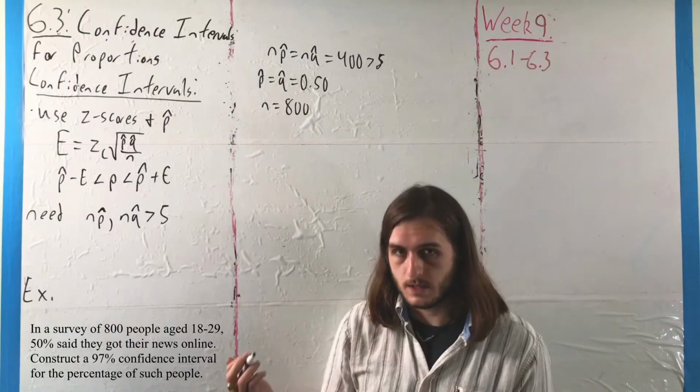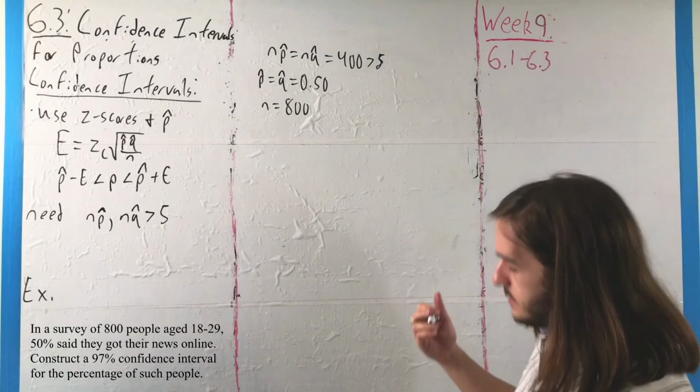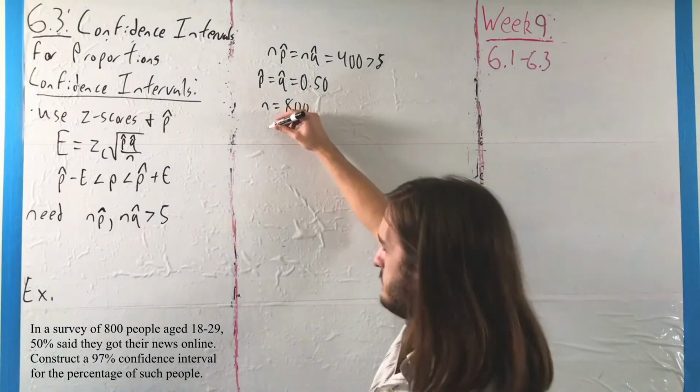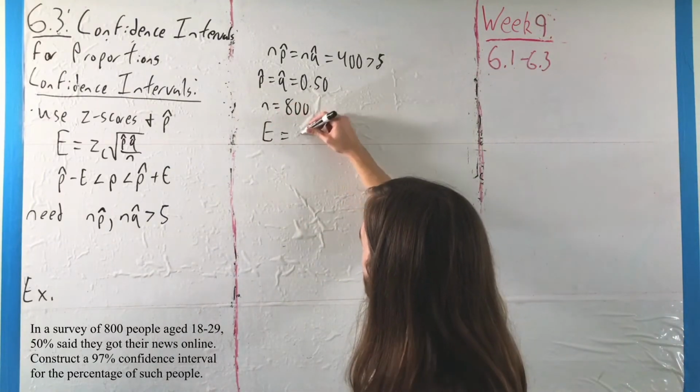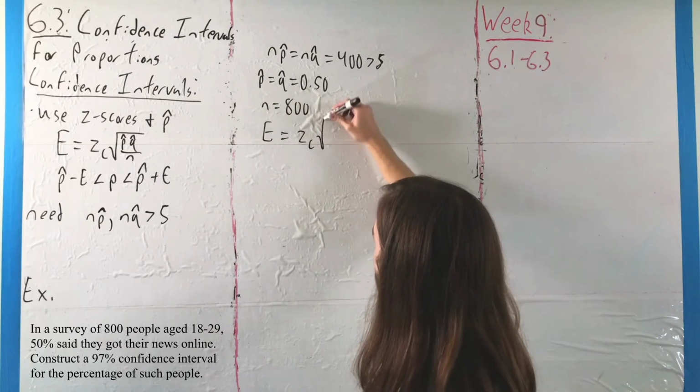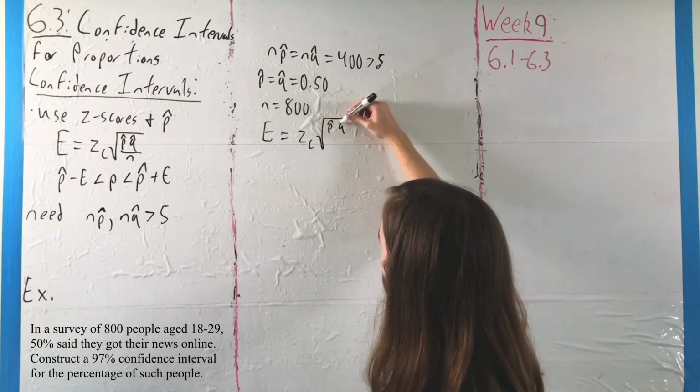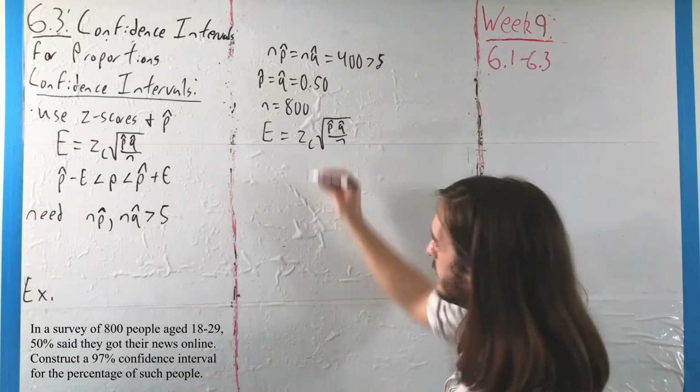Anyway, we have what we need, so from there, if we want to get E by hand, just to be sure, E is equal to Z sub C times the square root of p hat q hat over n, just like I have right there.